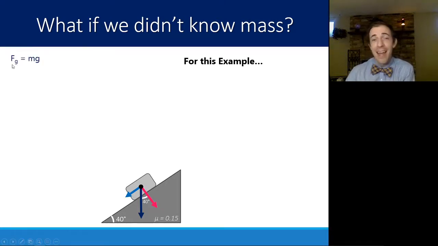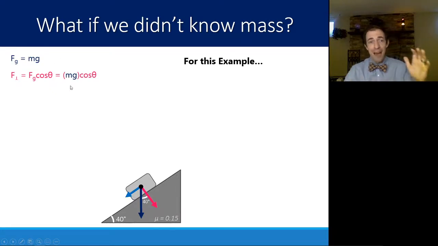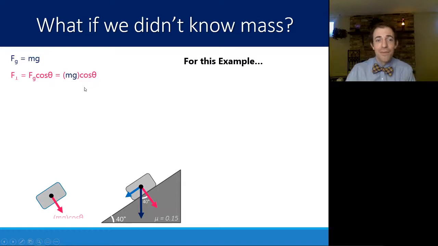So let's say that Fg, instead of plugging in numbers, is just mass times gravity. That means that F perpendicular, being Fg times cosine of theta, we can just plug in that mg instead of Fg. So we have F perpendicular is just mg cosine of theta. Same thing for our F parallel.